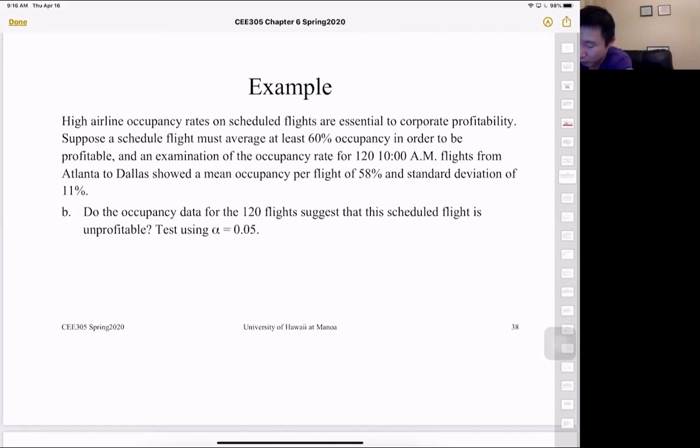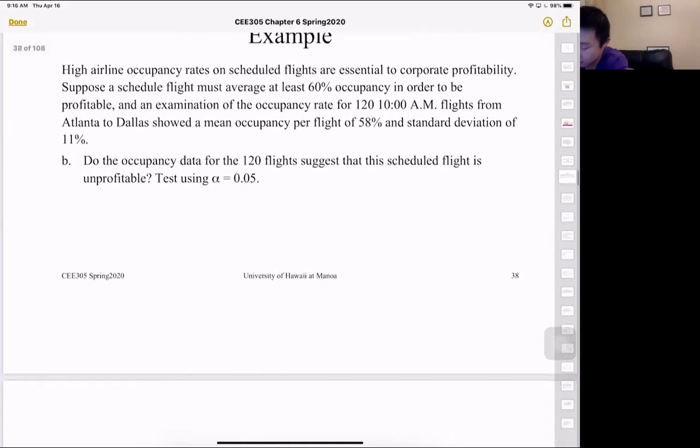Second part, do the occupancy data from the 100 flights suggest that this scheduled flight is unprofitable? Okay, so they tell us alpha is 5%. So what we're going to do is calculate the z-score first, the z-score based on the null hypothesis.